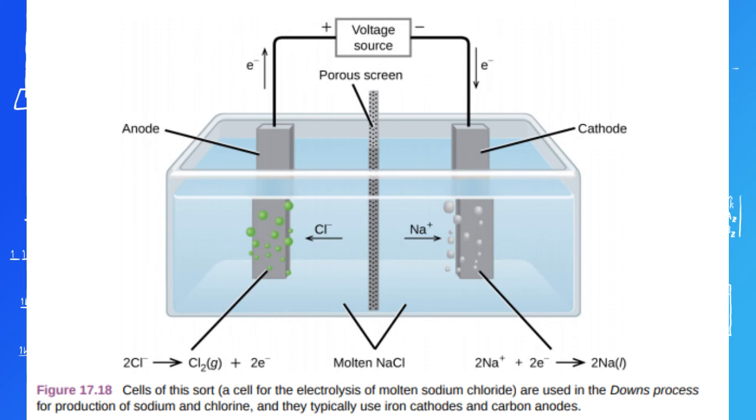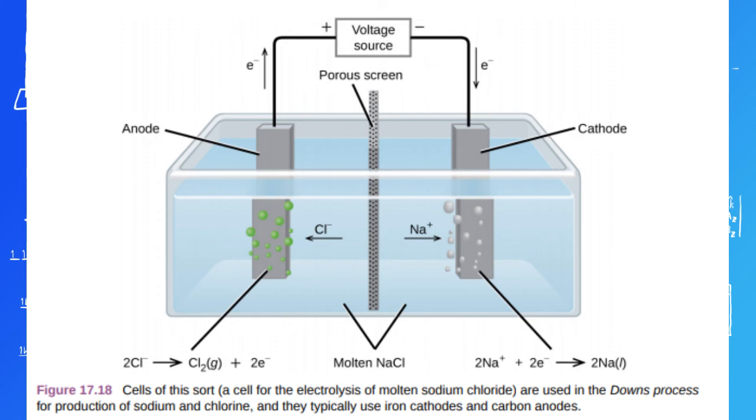You run electricity from an external source through the solution. What will happen? Well, you can use this process known as electrolysis to separate the components of a compound.